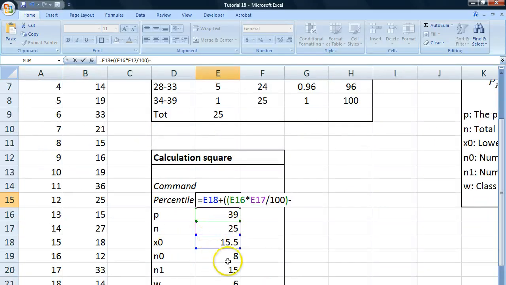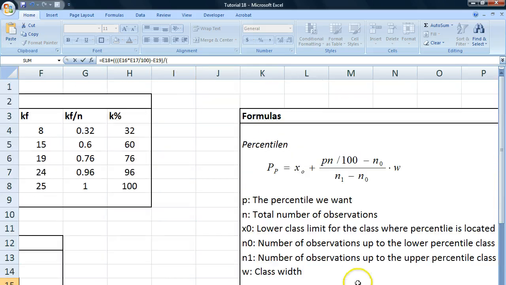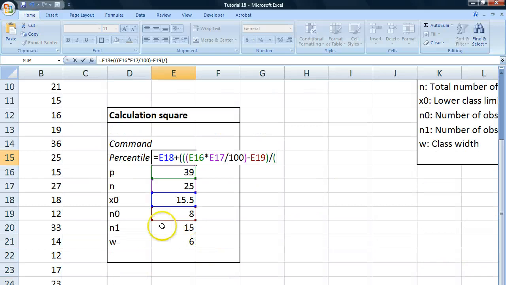So we go there and we see N0. And actually, I think we need another parenthesis here. There we go. And we're going to divide this by another parenthesis. N1 minus N0. So let's do that. N1 minus N0. Close the parentheses. We close the parentheses again, and then we multiply this by our class width.